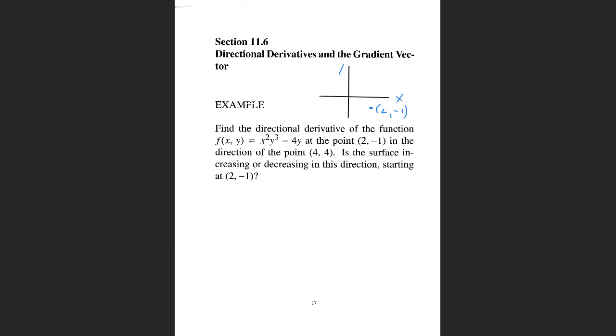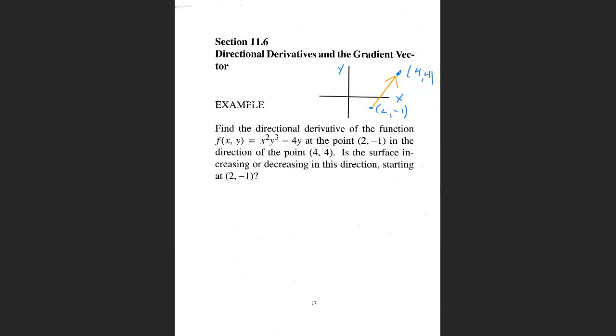You have an x and a y axis here, and (4, 4) is over here. And so you are looking in this direction.